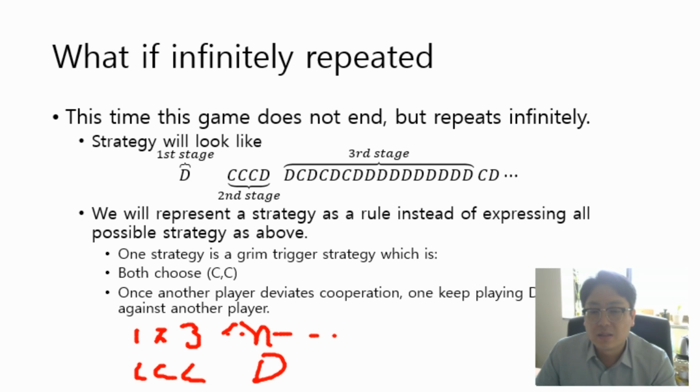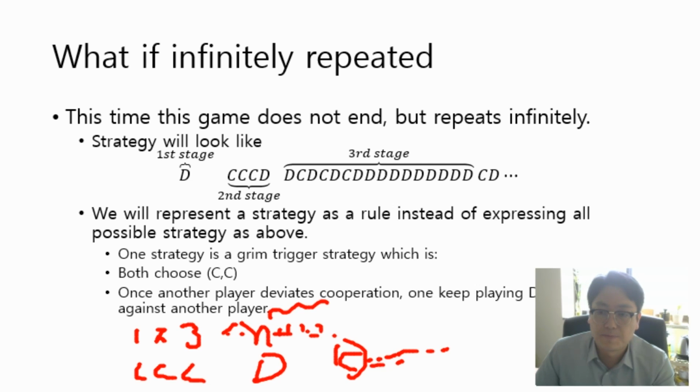And probably this player will keep playing D for a certain time, but after n times, let's say that the player who betrayed recognizes that the other player betrayed back. So after recognizing that, this player also keeps playing D forever, to punish the player who betrayed.